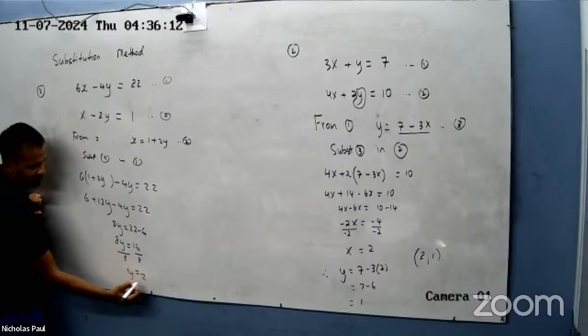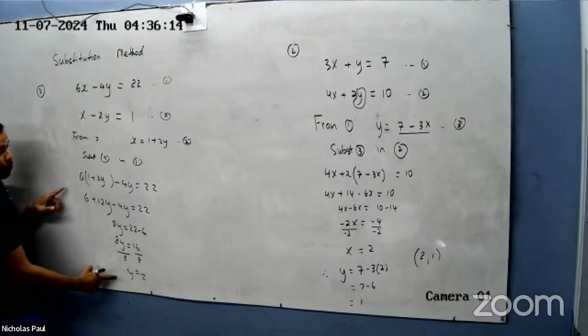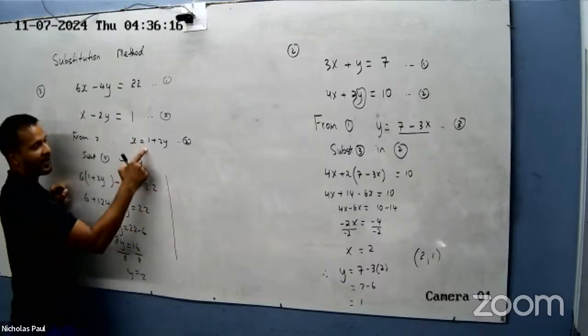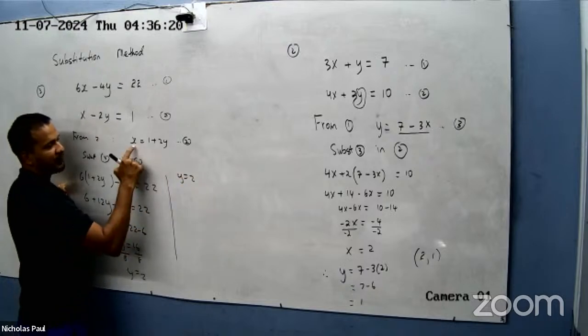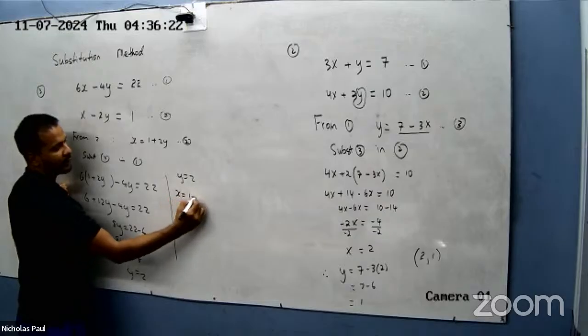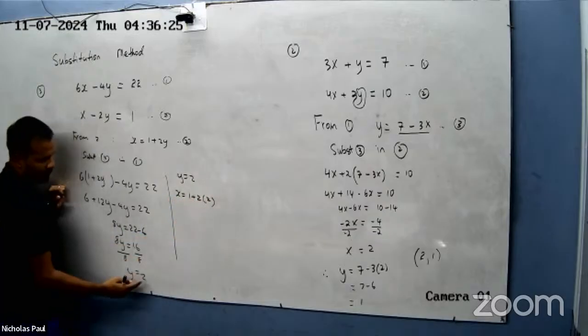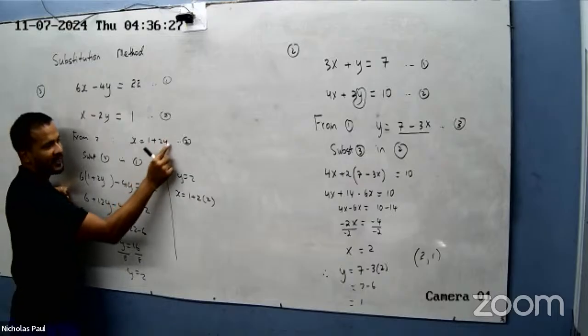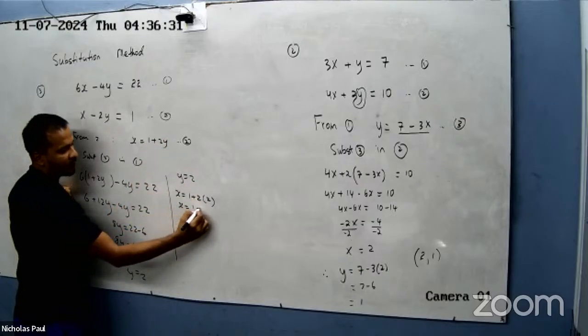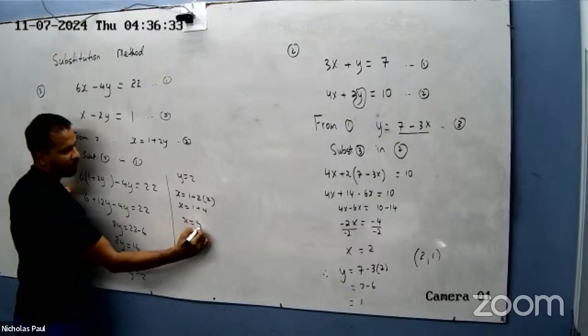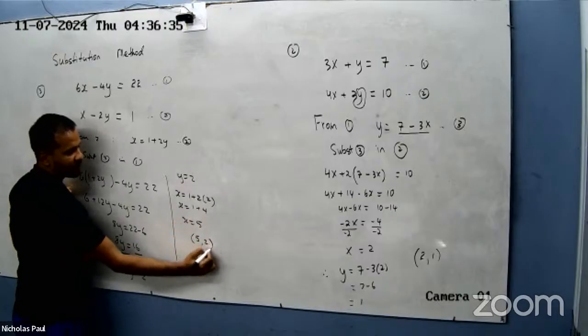Y is 2. Right? When you get y is 2, come back here, and when y is 2, you're going to put it in here. X is equal to 1 plus 2 times 2, because we know what y is now. So I can take up this y and work it out. So the answer is 5, 2.